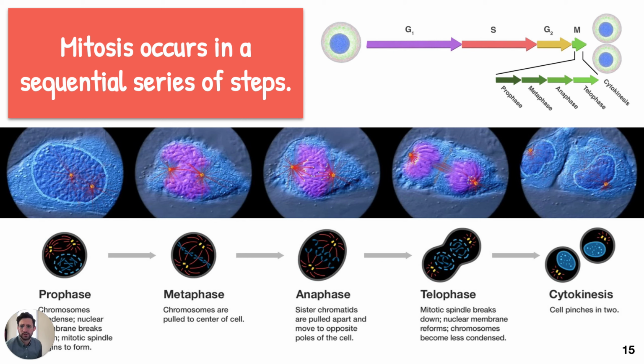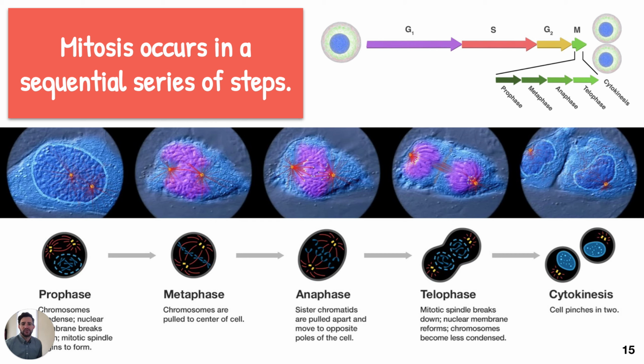Because the goal of mitosis is to distribute one copy of each chromosome into two daughter cells, it makes sense for DNA replication to happen before mitosis begins. During M phase, each daughter cell will receive one sister chromatid from each replicated chromosome. And if you remember, human cells contain 23 pairs of chromosomes, or 46 individual chromosomes in all.